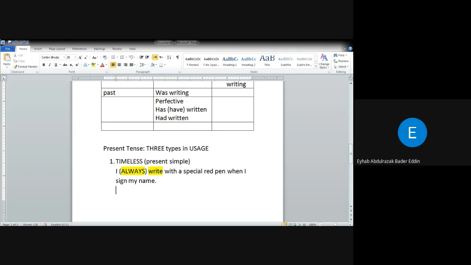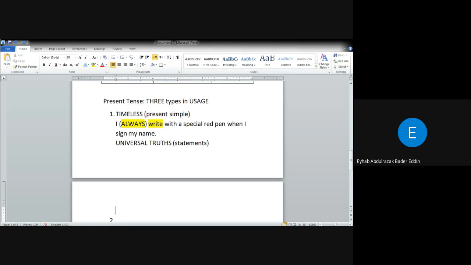Also, timeless present, as I call it, is used to refer to universal truths or universal statements. Like what? It means we talk about things which do not change. Like, for example, the sun rises in the east, right?